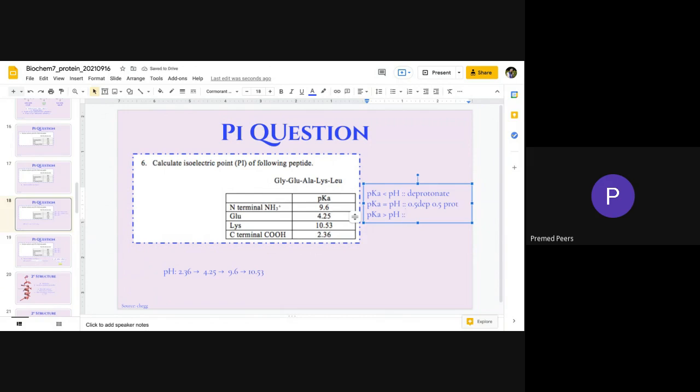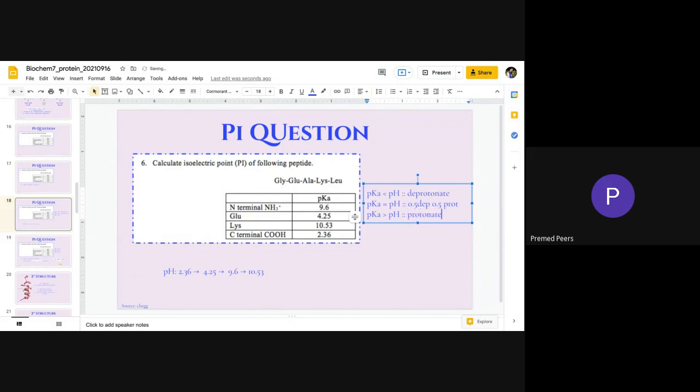And lastly, where the pKa is greater than the pH, if we're still using water as an example, then the N terminal in water will be protonated.